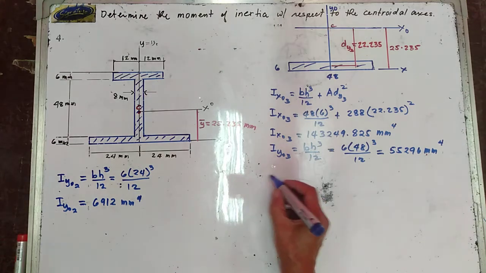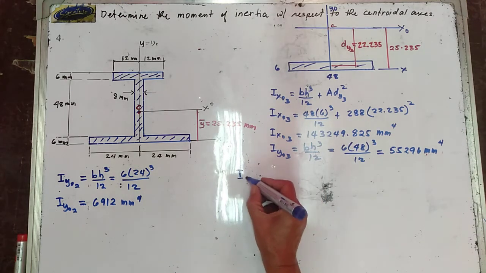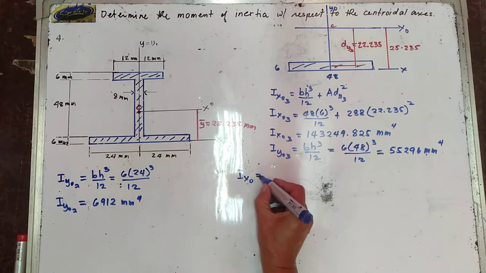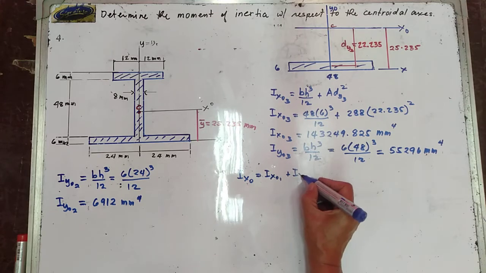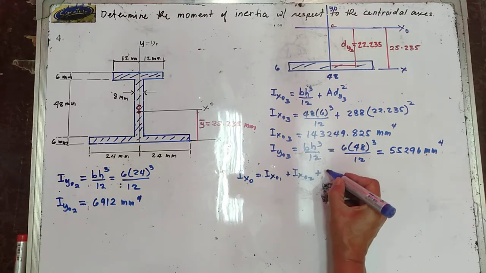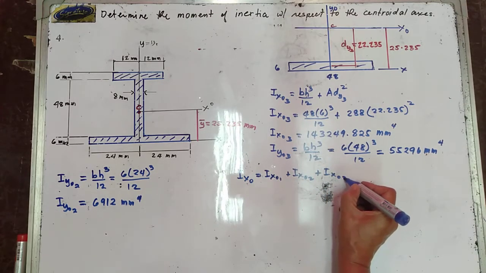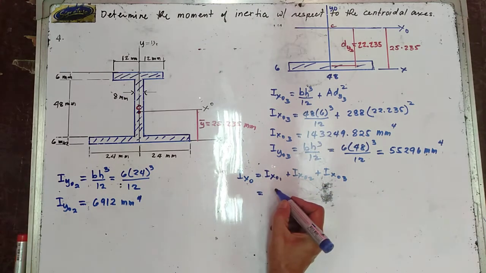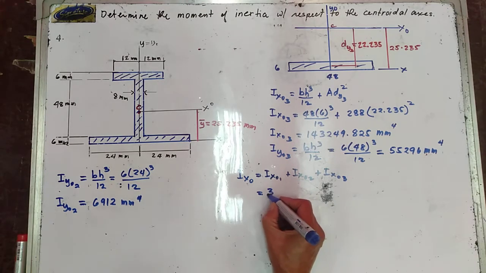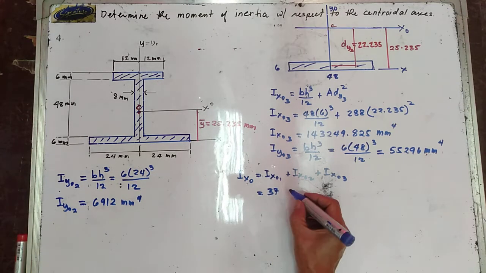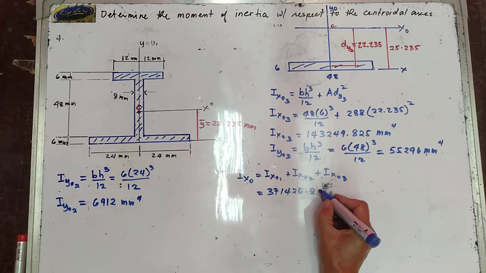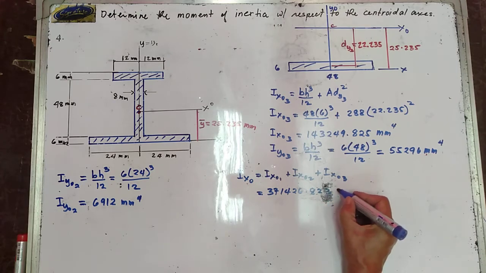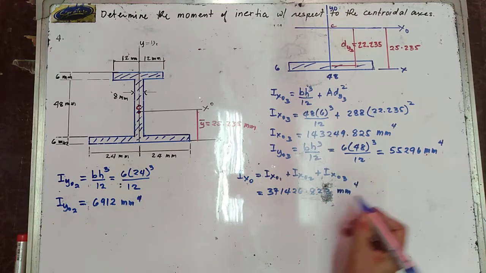Now, so that the moment of inertia about the centroid is equal to Ixo1 plus Ixo2 plus Ixo3. And this is therefore equal to 37,1426.823 millimeter raised to the fourth.